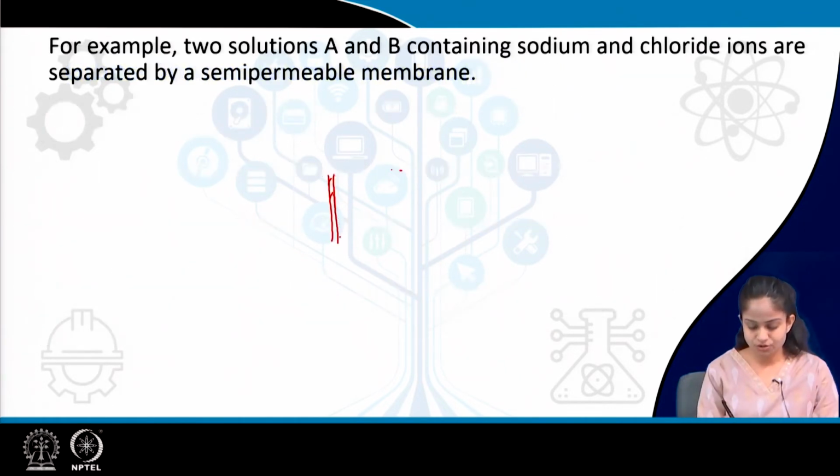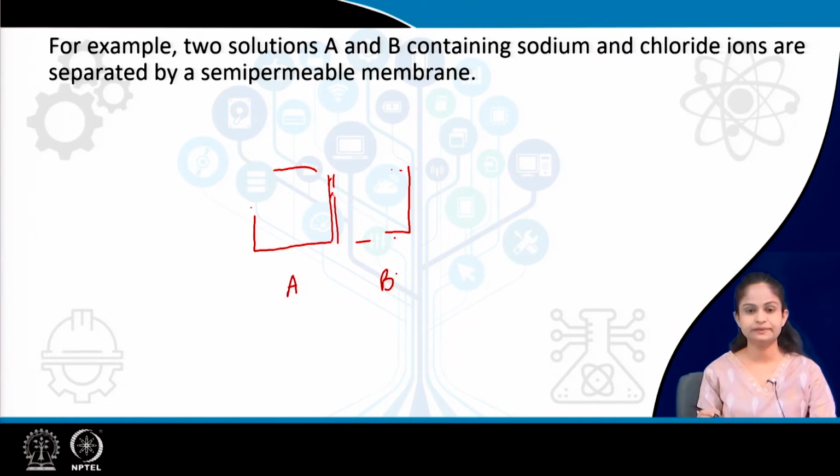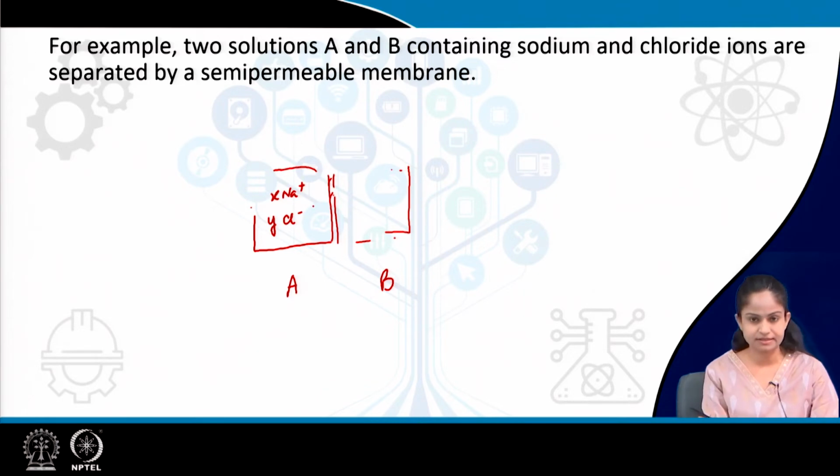So, we take two solutions separated by a semi-permeable membrane, solution A and solution B. In solution A, suppose we have x sodium ions and y chloride ions. In solution B, we have m sodium ions and n chloride ions.